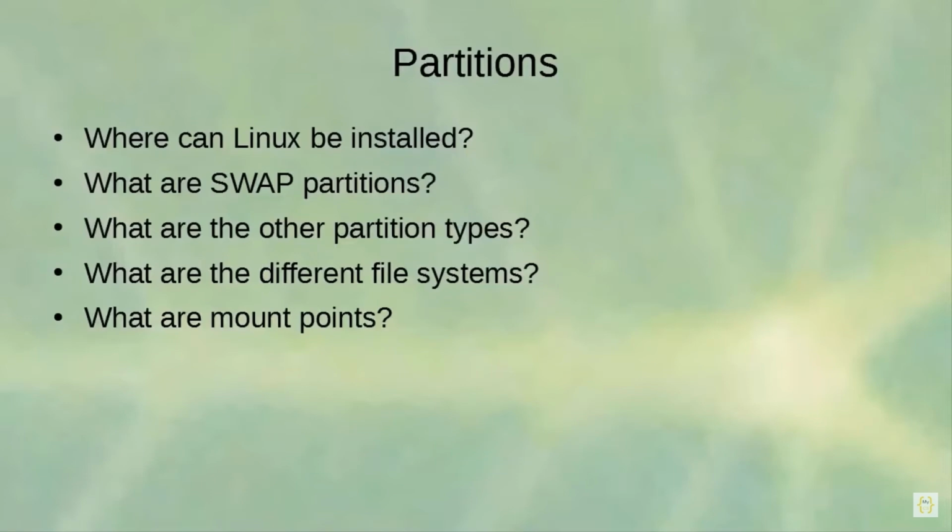Those redirections, where you merge two different partitions together into the same directory tree, are called mount points. On Windows machines, your mount points are normally drive letters. So you have the C drive and the D drive and the E drive and the F drive, and those would all be separate partitions.